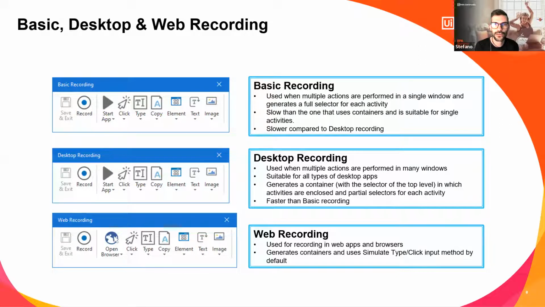When you record this type of automation, it generates a container with the selector at the top level, and all activities are enclosed inside this container with the partial selector for each activity. We will see later in the presentation the difference between partial selectors and full selectors, and what selectors are.